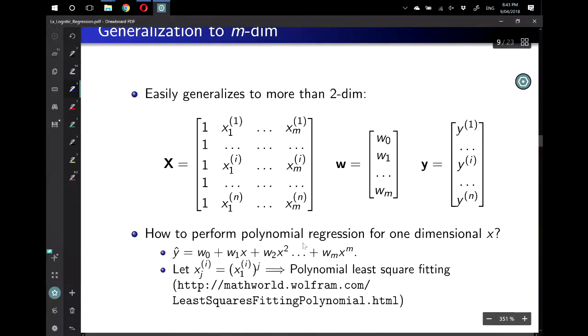Okay. So what if our X is not one dimension? So you want to say my model is Y equal to A1 X1 plus A2 X2 plus A3 X3 plus some A0.